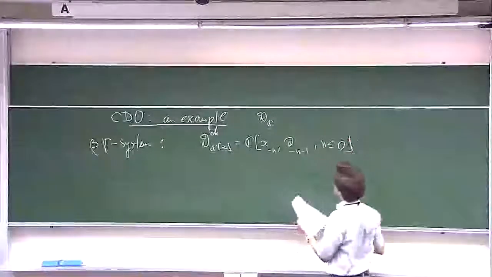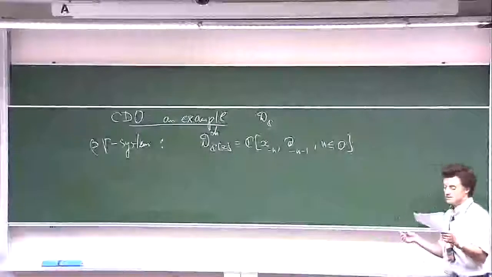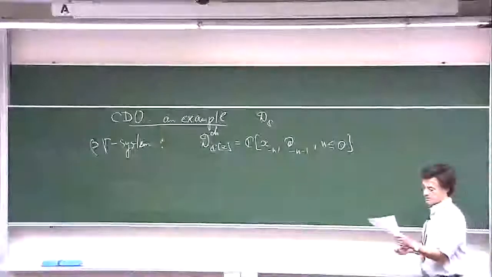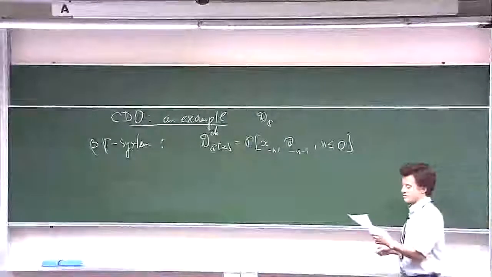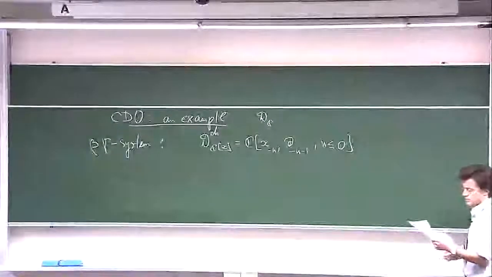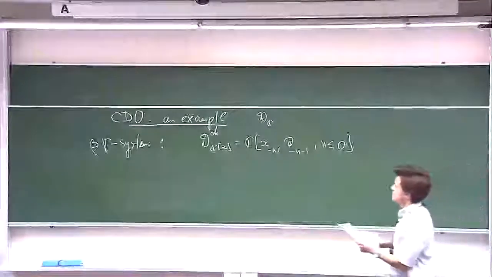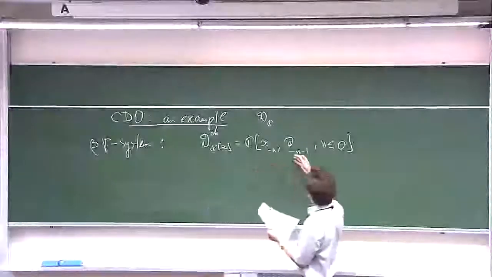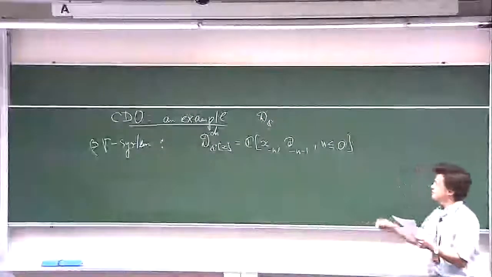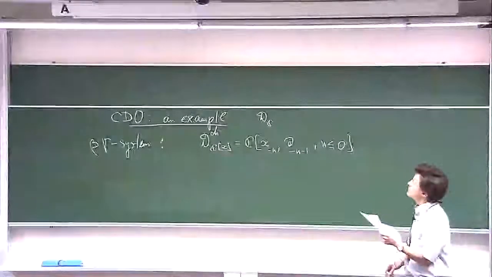I would like to think of those as analogs of x and d/dx in the usual situation, and I will comment on that more later on. Now, this is just an infinite polynomial ring in infinitely many variables.